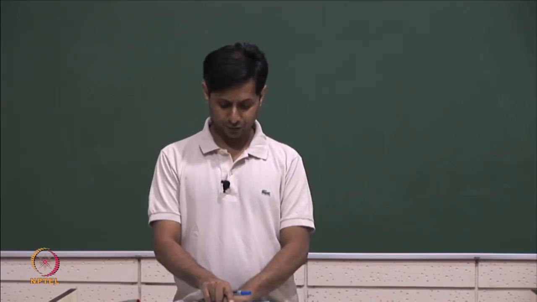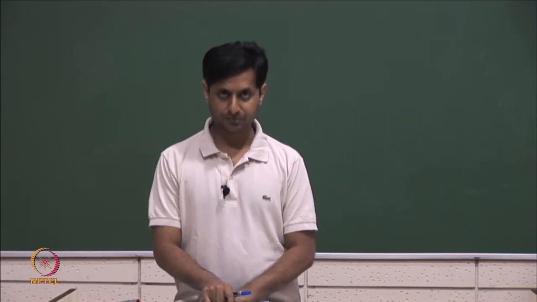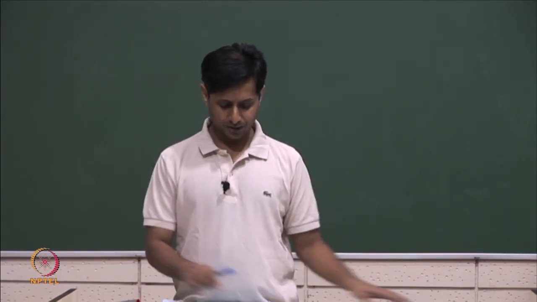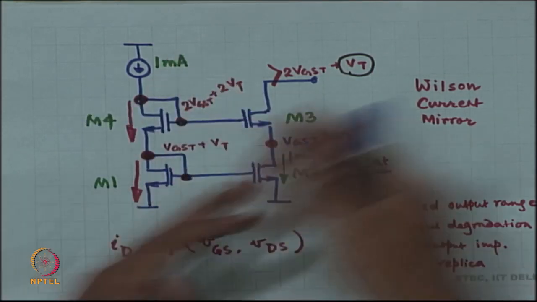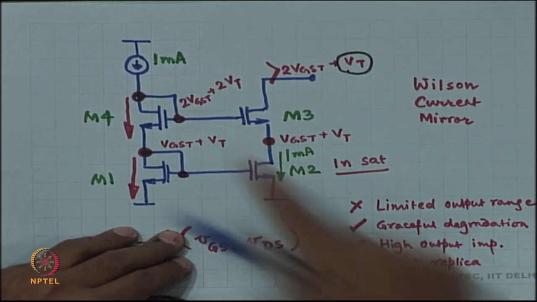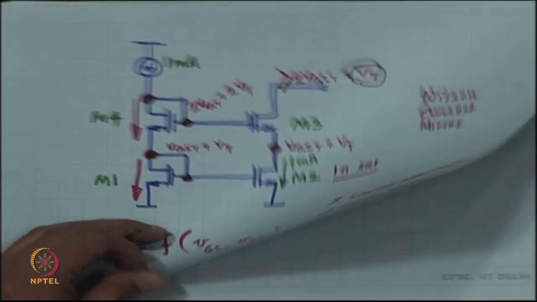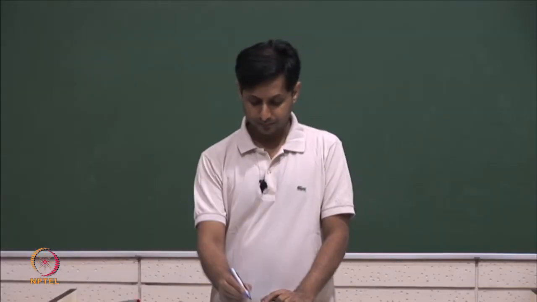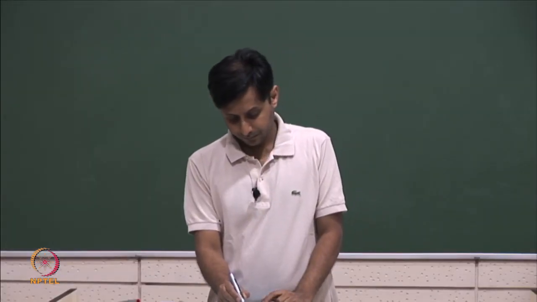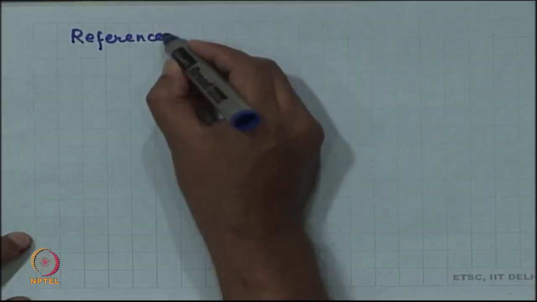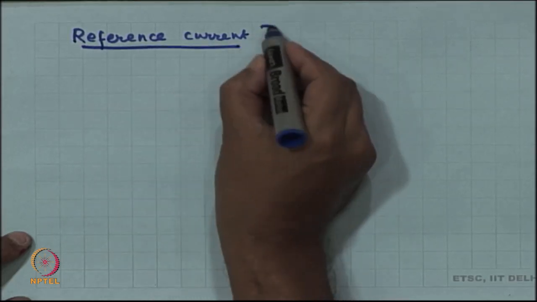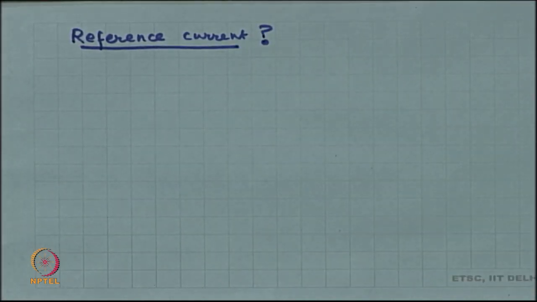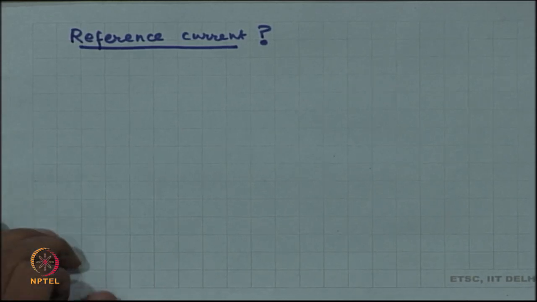So, everywhere I have been drawing this reference current source, right. I mean all the activities are being pinned on this reference current source, everything is proportional to this reference current source. How do I make this reference current source? How do I make it? Any idea?